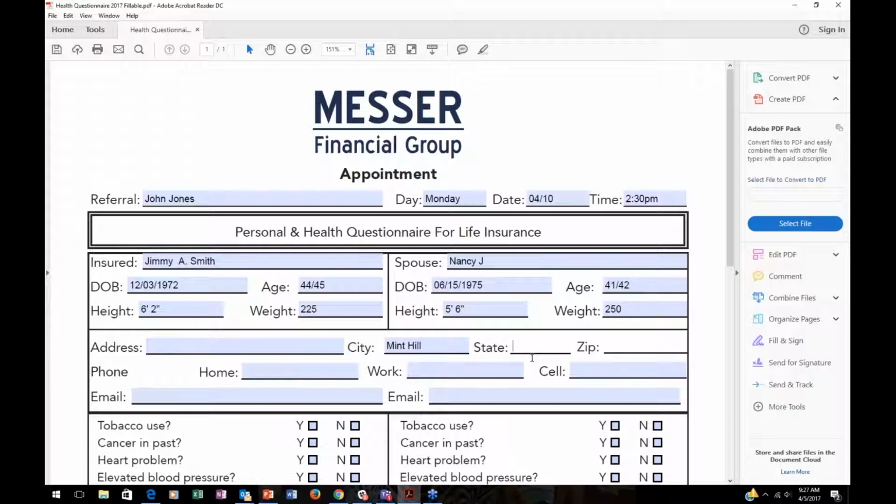If I'm meeting them in my office here in Mint Hill, because they're going to sign it in my office in Mint Hill, I would be using a North Carolina application. So again, knowing that you have the correct information to begin with won't leave you in the embarrassing situation of not using the right app.